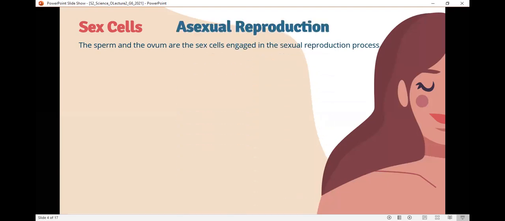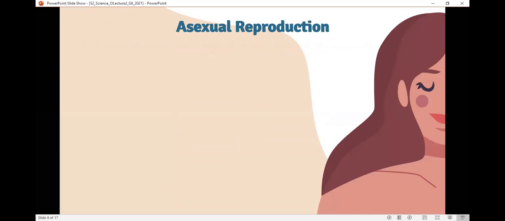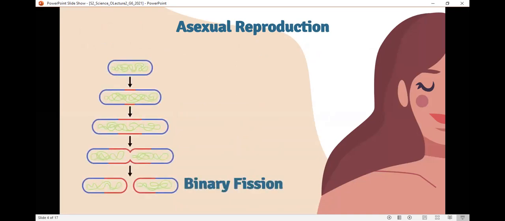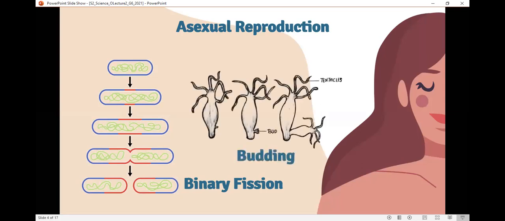What are two types of asexual reproduction that we talked about? Binary fission and budding, thank you. What are two different organisms that reproduce asexually by binary fission?